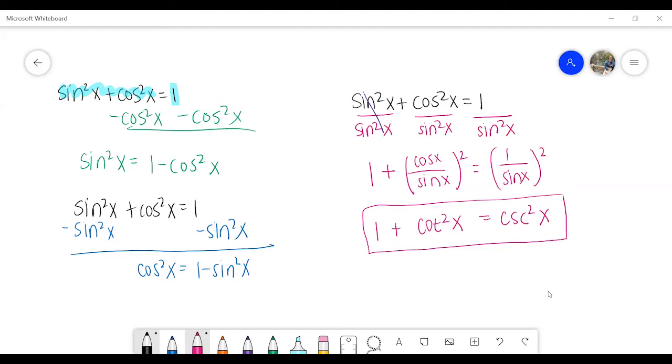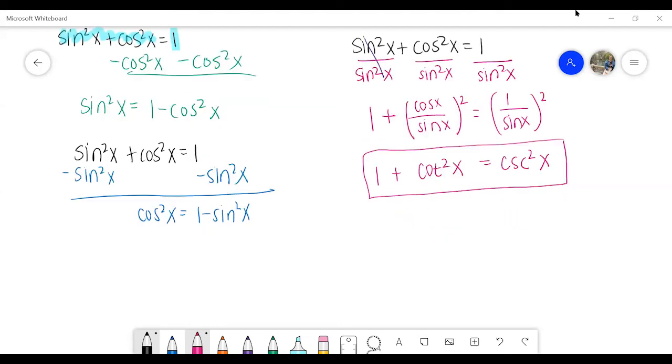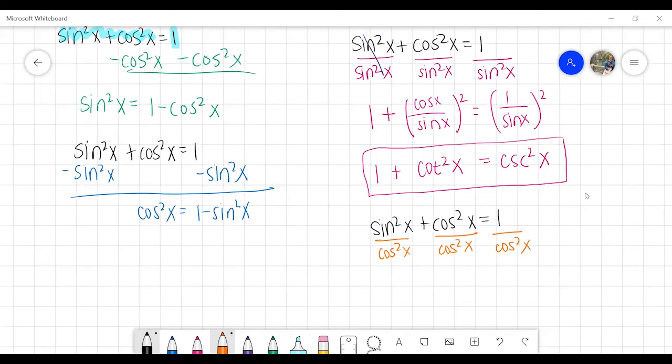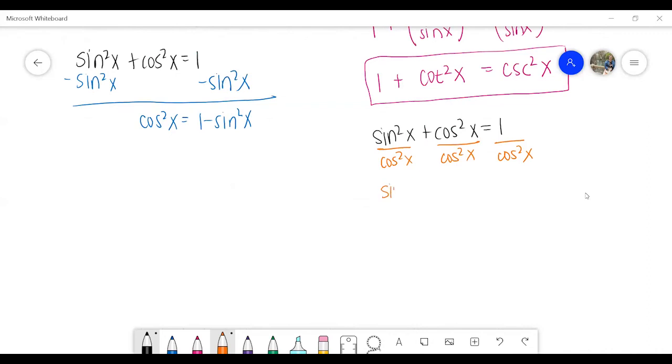How do we get to the other version of this? Well, we start the same. We start with sine squared x plus cosine squared x is equal to 1, and this time we're going to divide everybody by cosine squared. Okay? So what that means is sine over cosine, again, technically it's quantity squared, right? But sine over cosine is tangent.